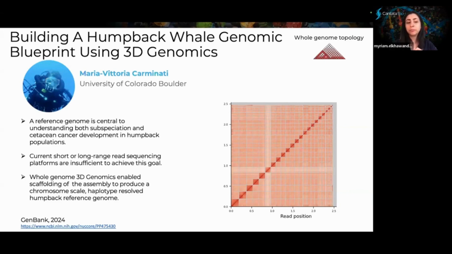these processes. The current short or long-range read sequencing did not enable her to achieve that chromosome-scale assembly, but using that in addition to this whole genome topology enabled her to assemble the contigs at a chromosome scale, helped inform the orientation and the ordering of these sequences, and end up with a reference genome sequence that she's able to use for understanding a little bit more about subspeciation and cancer development in this population.